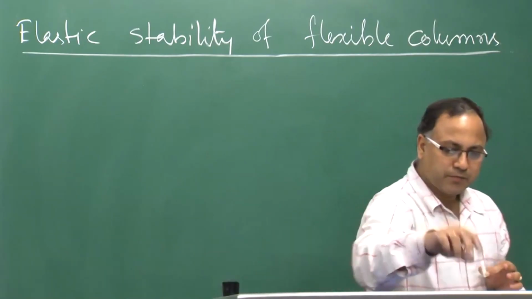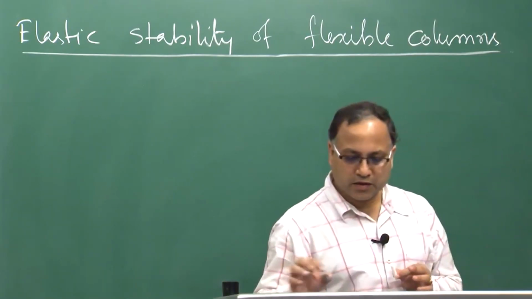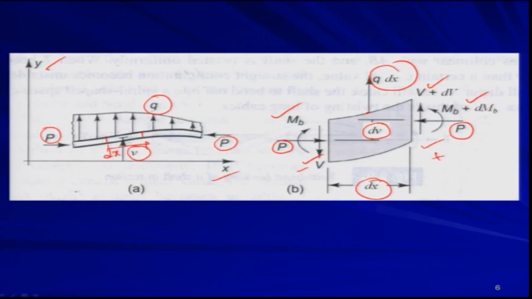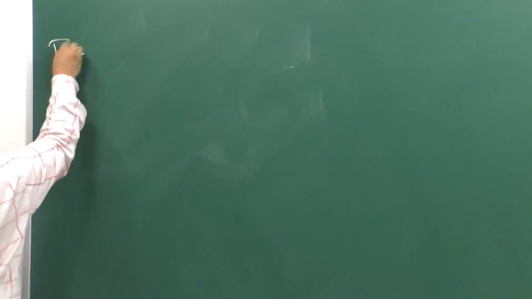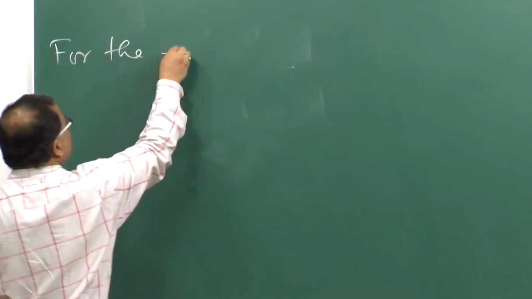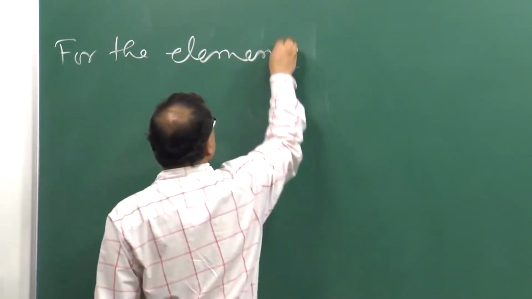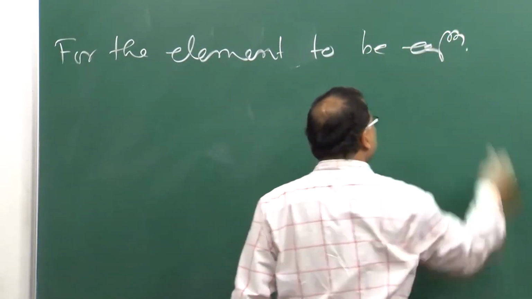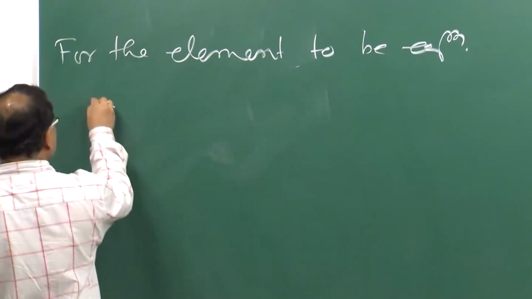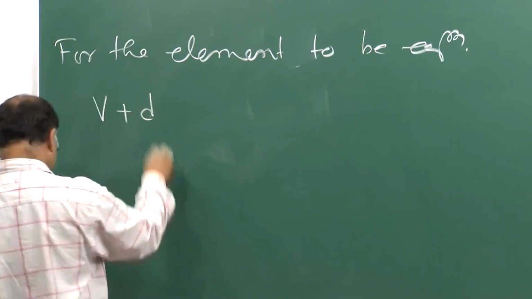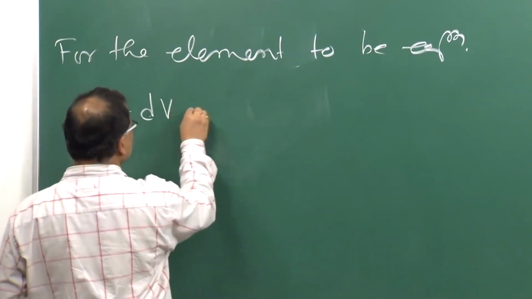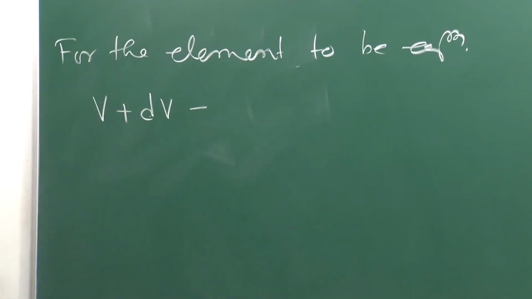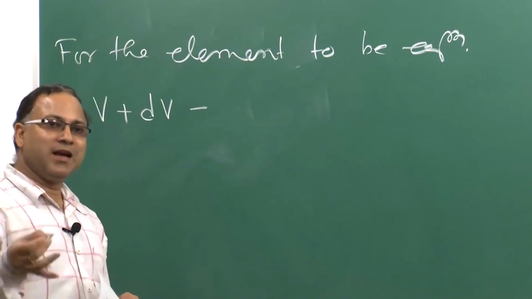Once we are considering this free body diagram, what can we write for the element to be in equilibrium? If you look at this figure, we are now considering the force equilibrium, that means the summation of all the forces along the y direction is 0.